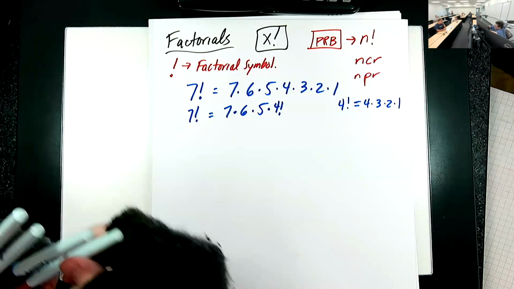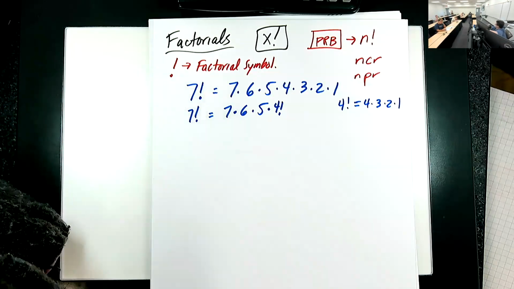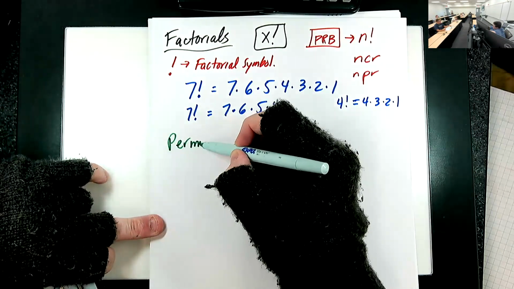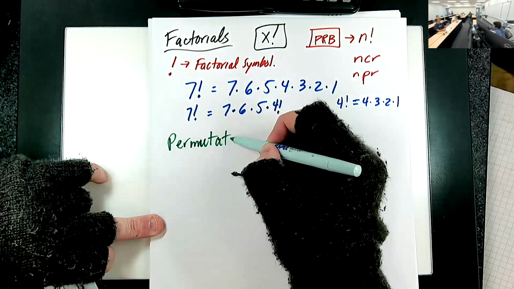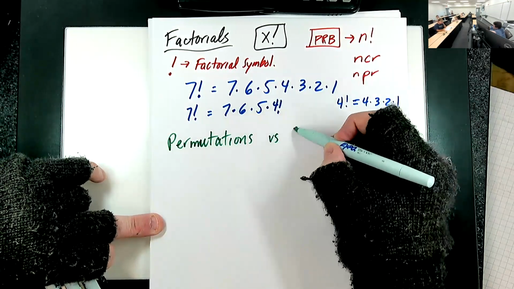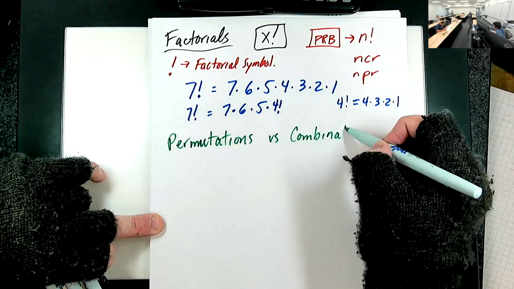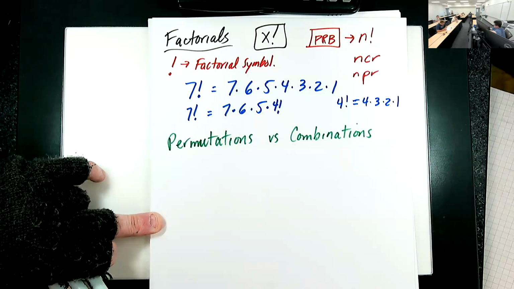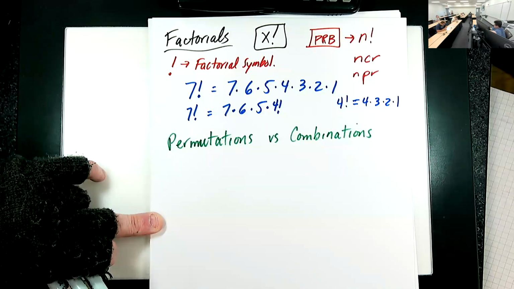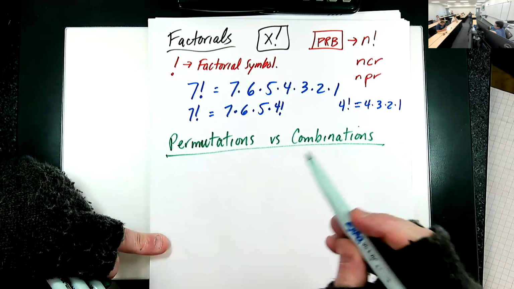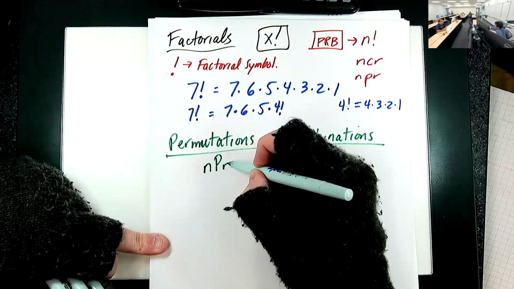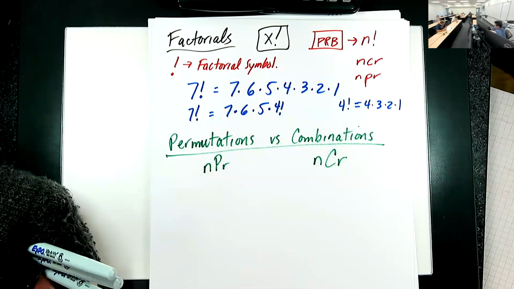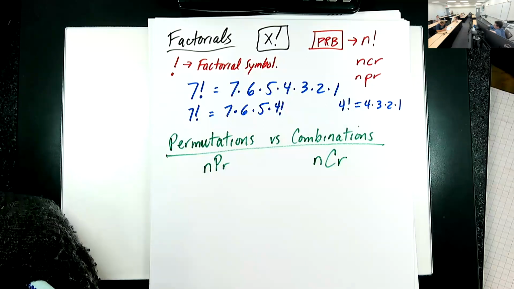All right, so where we use this in the rest of this section, we're looking at permutations versus combinations. This is NPR. This is NCR, with the middle letter generally being larger than the other letters.